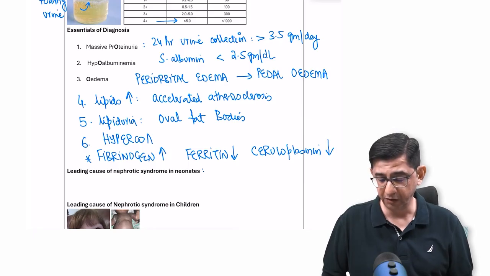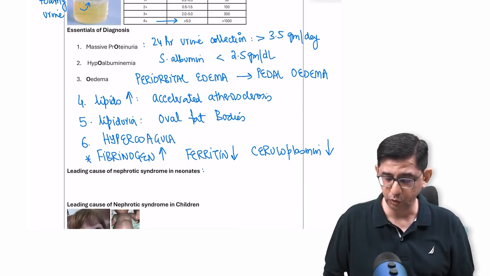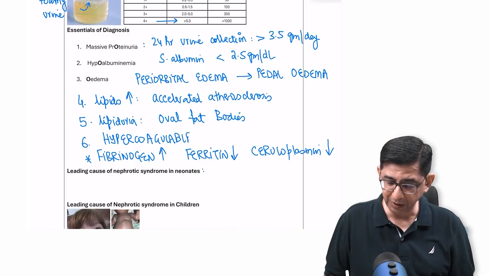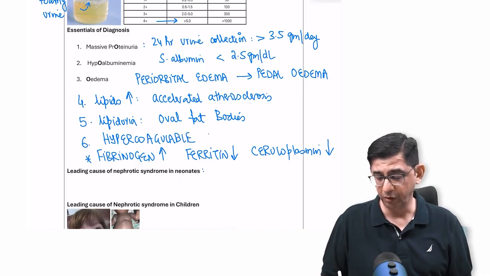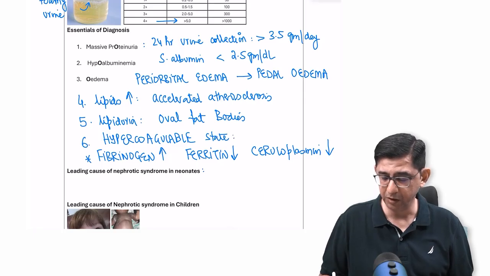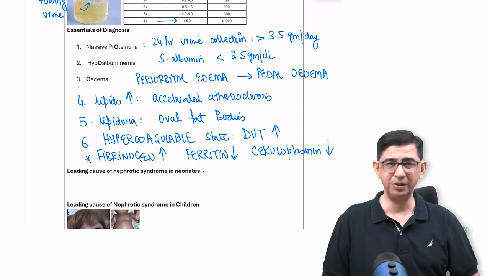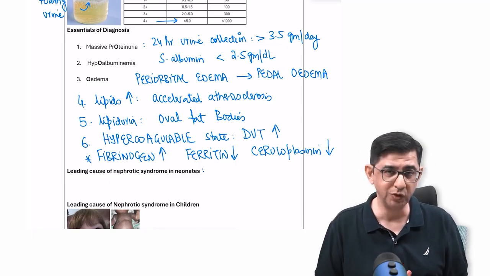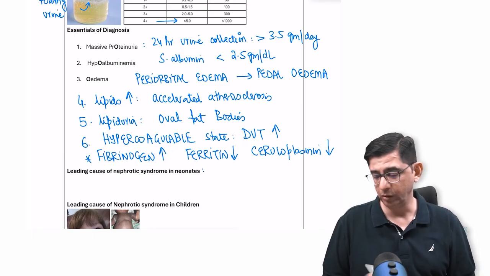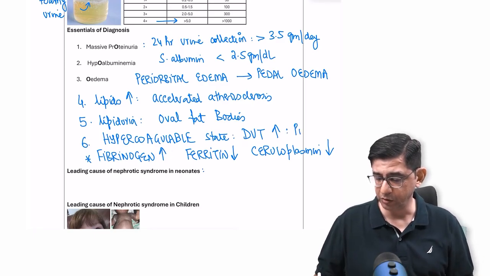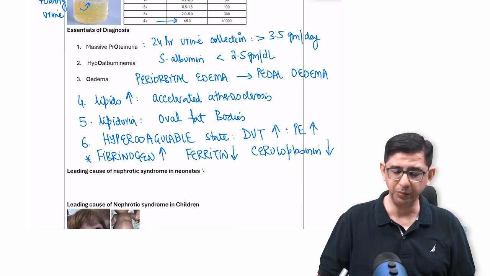Yes guys, nephrotic syndrome is a hypercoagulable state, so you will hear me speak about nephrotic syndrome again when I describe pulmonary embolism to you, because if a person has a hypercoagulable state, then the risk of deep vein thrombosis will increase. If deep vein thrombosis incidence increases, it will also increase the risk of pulmonary embolism in these patients.